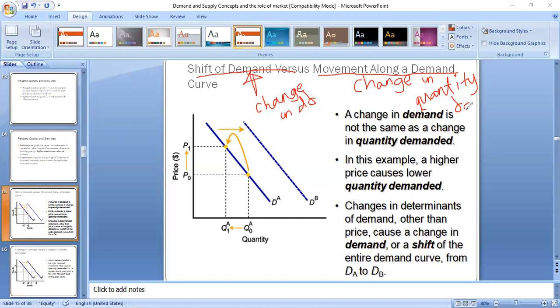it is the non-price factors that lead to the shift of the demand curve either to the left or to the right. When the demand curve shifts to the right, like here, it means that is an increase in demand. When the demand curve shifts to the left or inwards, it means that is a decrease in demand, right?